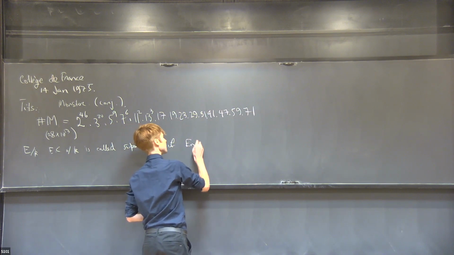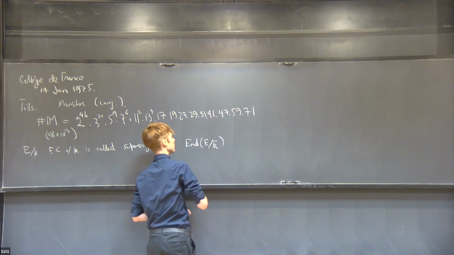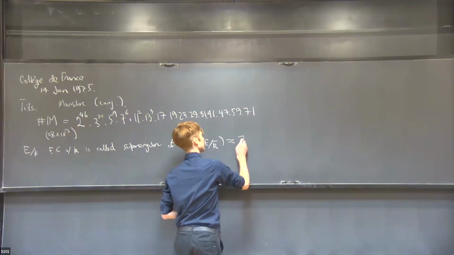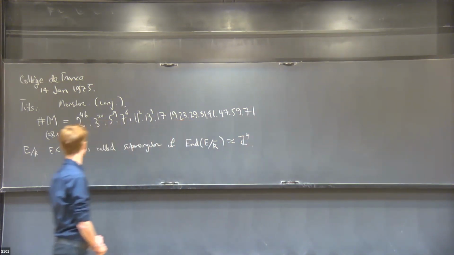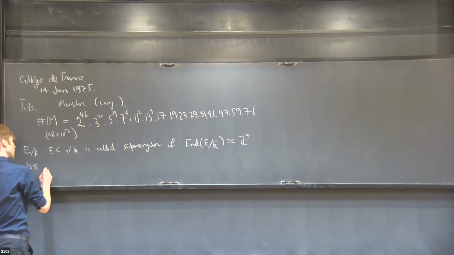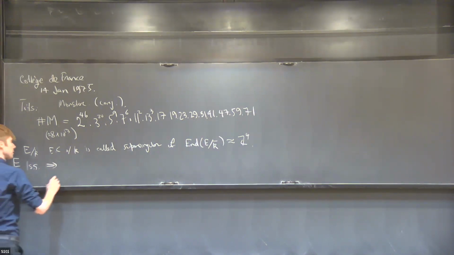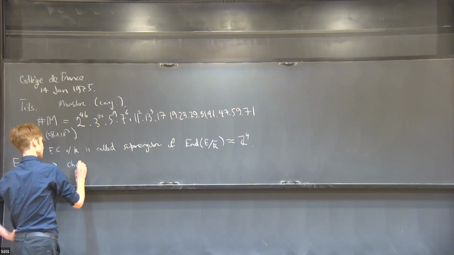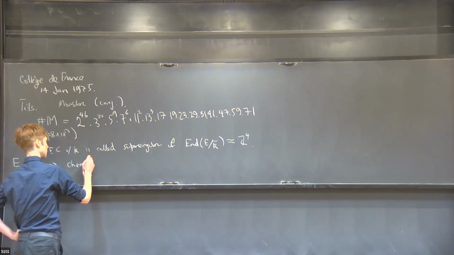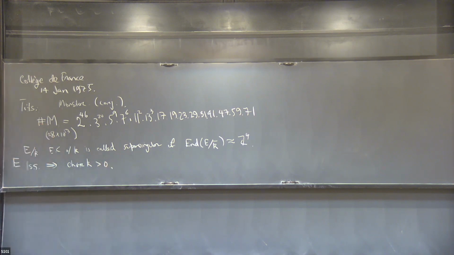That is, the endomorphism ring of E over an algebraic closure is maximal, of rank 4. Recall that supersingular elliptic curves only occur in positive characteristic, greater than 0.